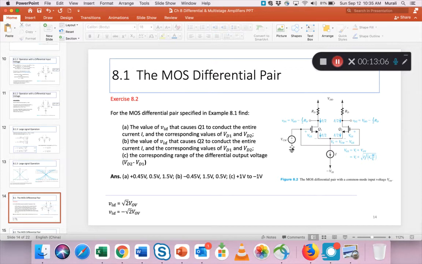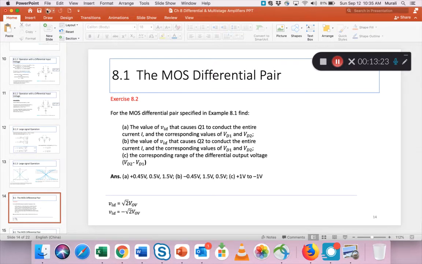Now this is not VCM anymore. I don't think I should show this figure anymore, so let me take that out. That was a mistake, because now we are not operating in common mode anymore.